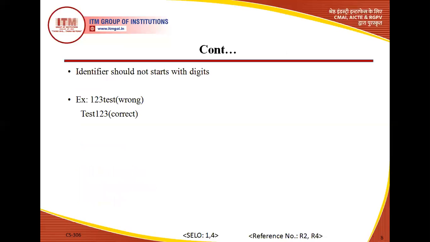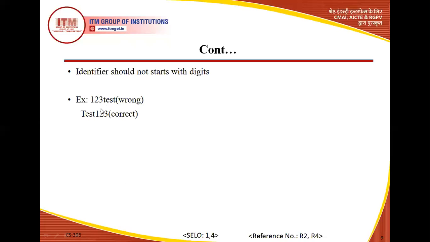Next one: an identifier should not start with a digit. It's very important, and similar to C and C++. I'm taking an example of a variable, so it's easy for all of us to understand. If we take 123test, here the identifier starts with a number, and this is not allowed.